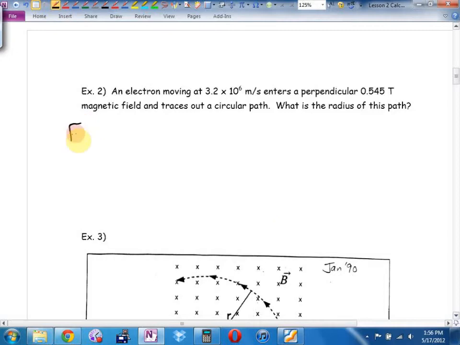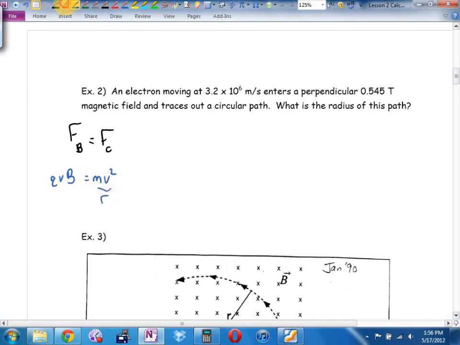I would start out, Shannon, by saying I know that the magnetic force is what's pushing it in a circle. The magnetic force on a charge is QVB. And when you're moving in a circle, that's mv squared over r.